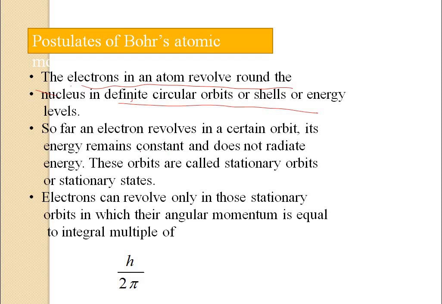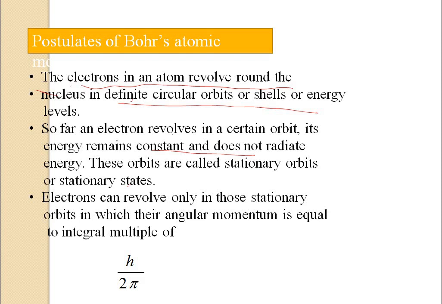For an electron revolving in a certain orbit, its energy remains constant and it does not radiate energy. These orbits are called stationary orbits or stationary states.